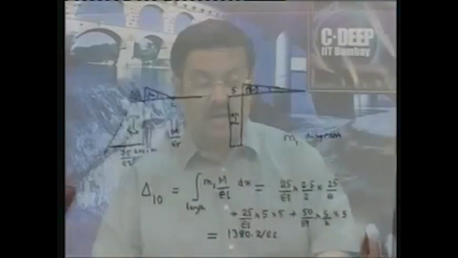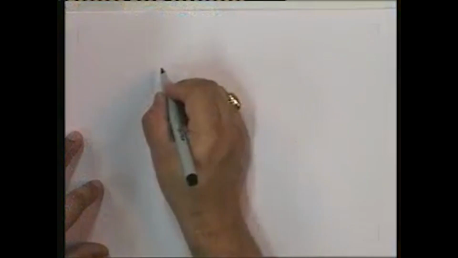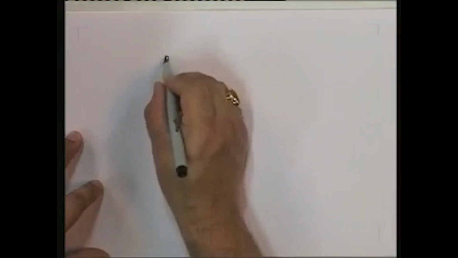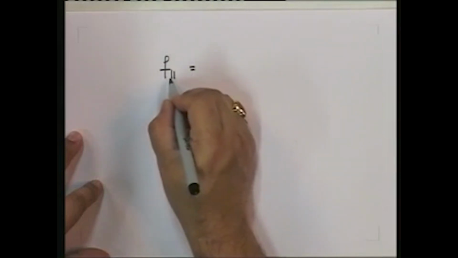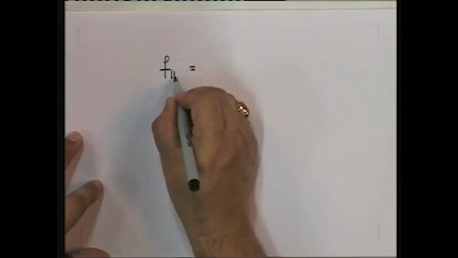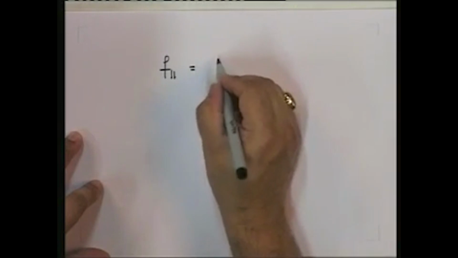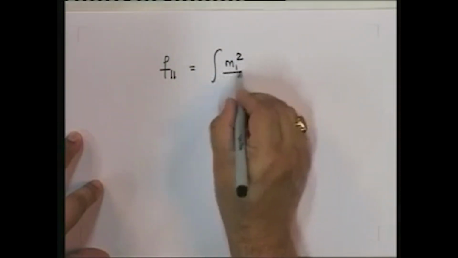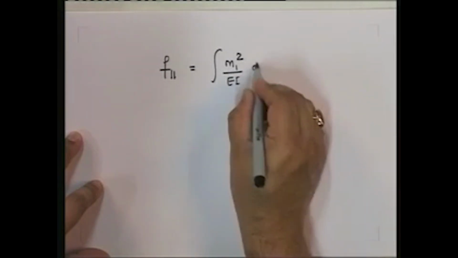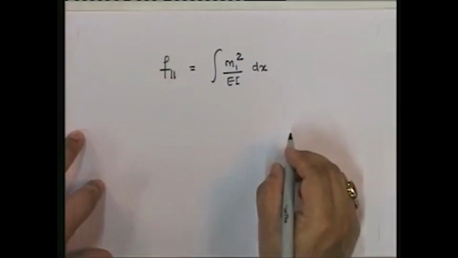This is the value of delta 1 0, and then we need to find out the deflection due to x1 equal to 1. What is the deflection due to x1 equal to 1? That is my F11, that is my flexibility. Displacement at 1 due to unit load at 1, and that is equal to the integral of m1 squared upon EI dx.